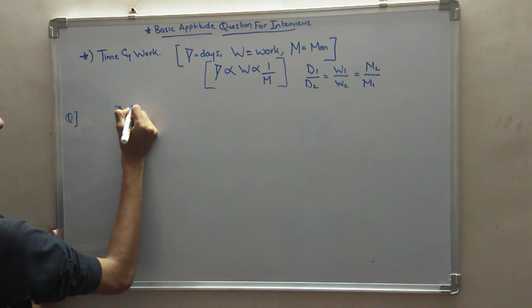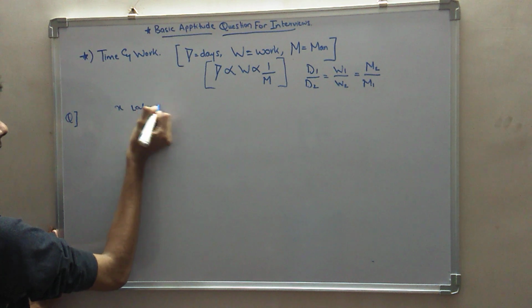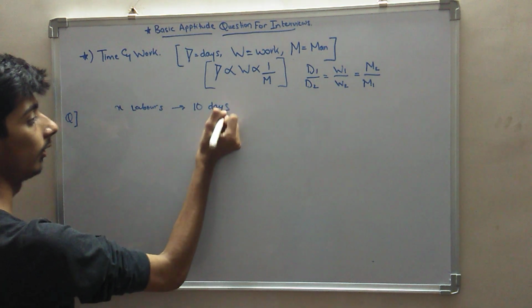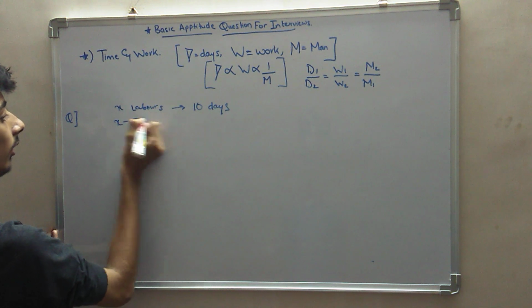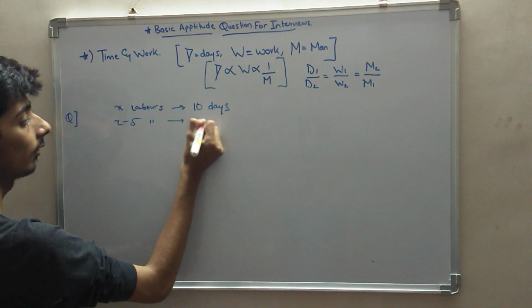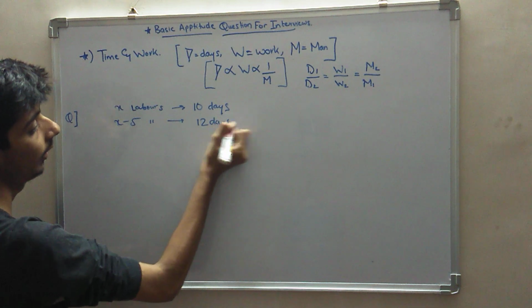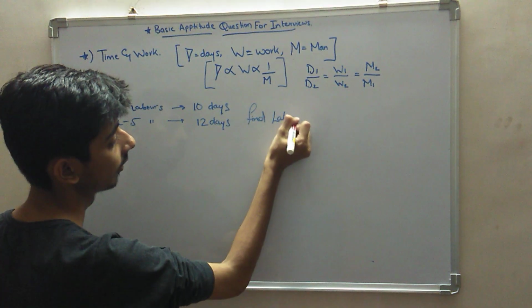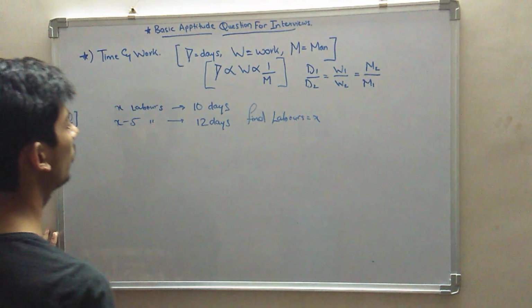If X laborers complete the work in 10 days, now X minus 5 laborers complete the same work in 12 days. Find the number of laborers, which is equal to X.